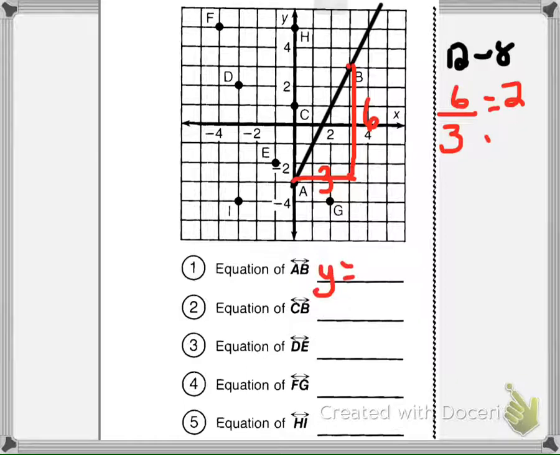Y equals 2x. Now, look at the point where your line crosses the y-axis, and I'm actually going to make the point really big. Let's choose a color here. We'll make it yellow. So here's your y-axis, and here's where your line touches it, right there.